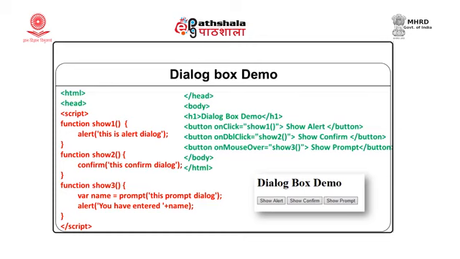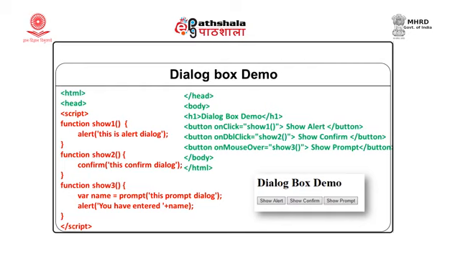Now, we write code to use these dialog boxes inside our program. So, here is our interface. It displays one heading, dialog box demo, and it has three buttons. Whenever the user clicks the first button, we want to display the alert dialog box.